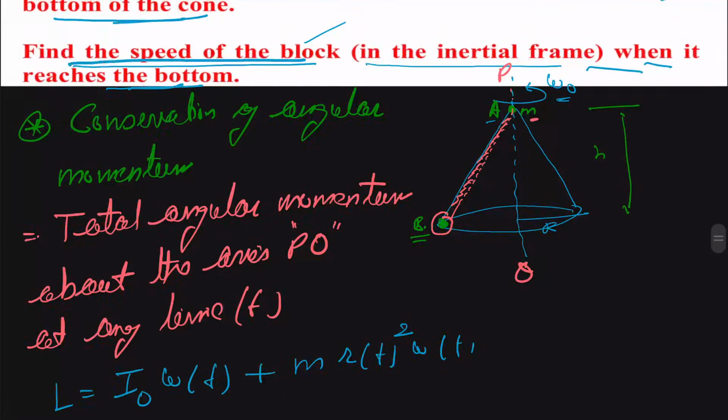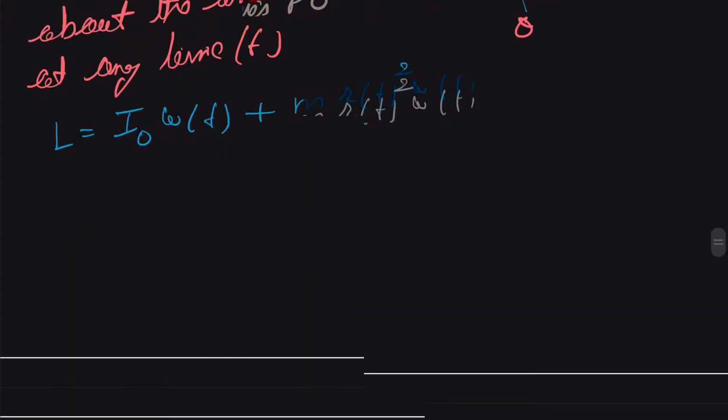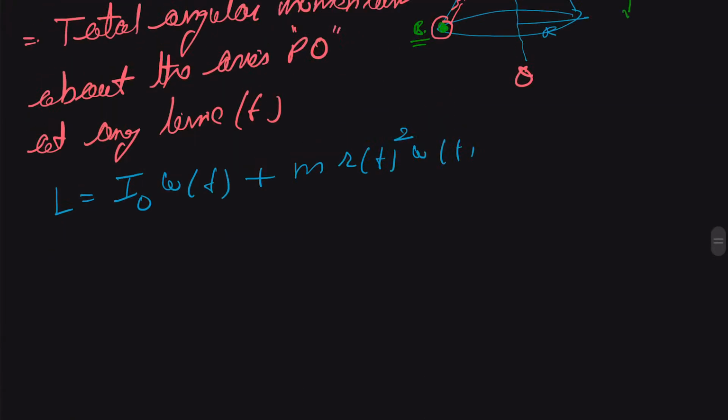For the sake of calculation, let us assume that at any given time t, the mass m is at this position and its distance or radius is, suppose, r of t. So this is the position at any time t. We can reformulate this as omega times I naught plus m r square t, times omega t, taking it as common.